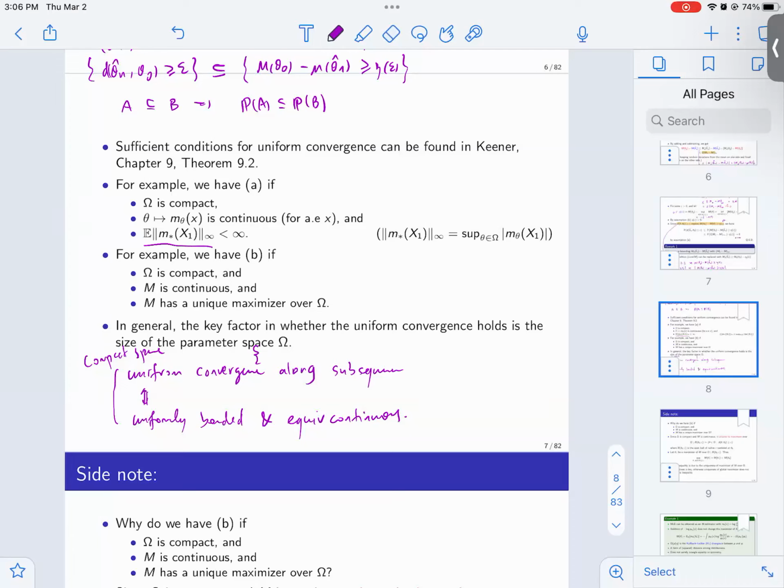You have to think of this as a family of functions parameterized by theta. So you're looking at this family, theta maps to m theta of x, as x varies.